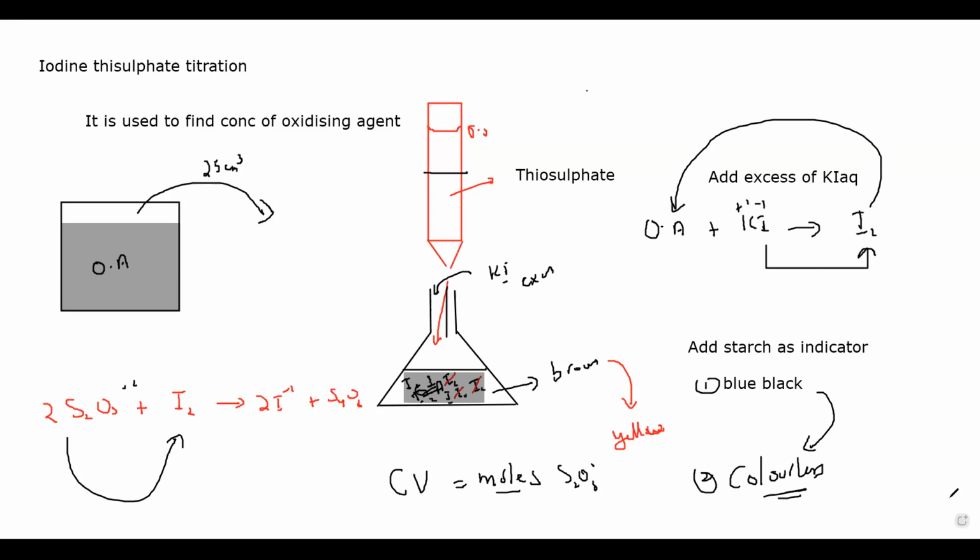So if I write it in steps, these are the steps for iodine thiosulfate titration. First, we will take a fixed volume of oxidizing agent and transfer it to a conical flask.